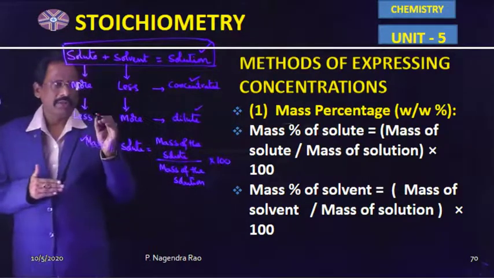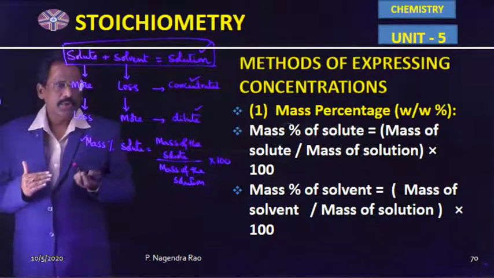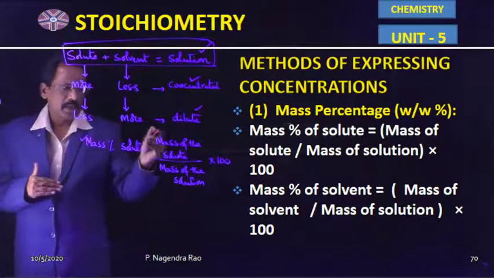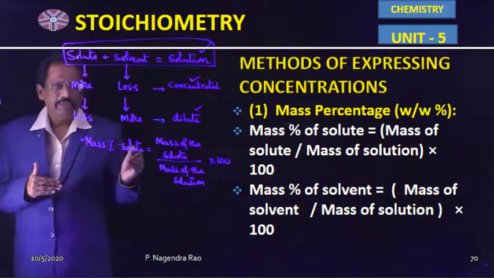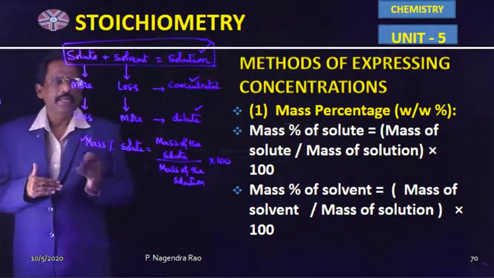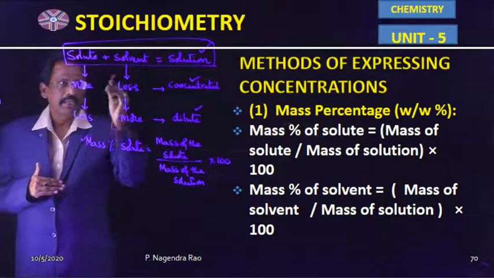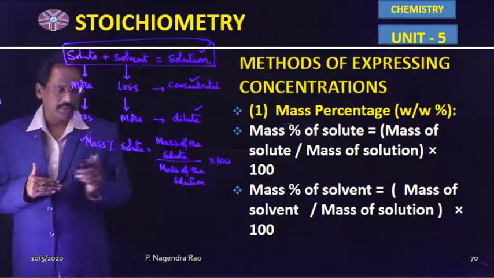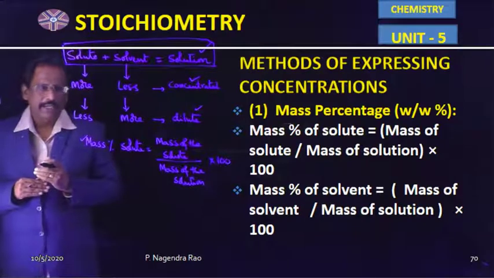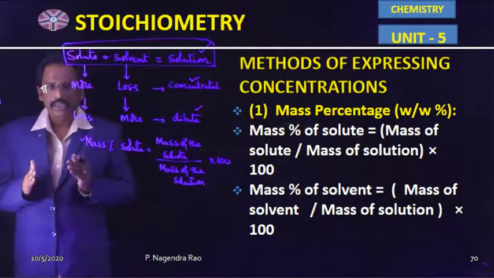So whatever the solution may be, if you want to calculate mass percentage of the solute, the formula is mass of the solute divided by mass of the solution into 100. Similarly, mass percentage of the solvent is equal to mass of the solvent divided by mass of the solution into 100.